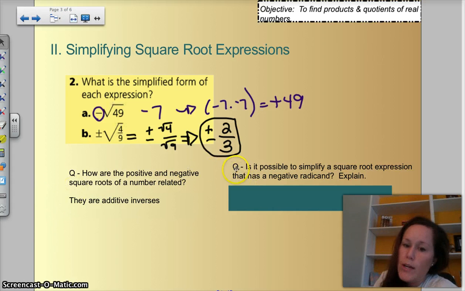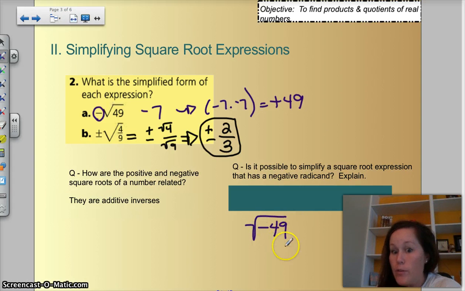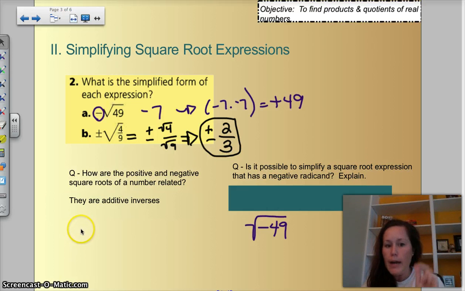Number 2, is it possible to simplify a square root expression that has a negative radicand? Meaning, if I have something that looks like this, negative 49, underneath the radical symbol, the radicand is negative. Is it possible to multiply something by itself and get a negative number?